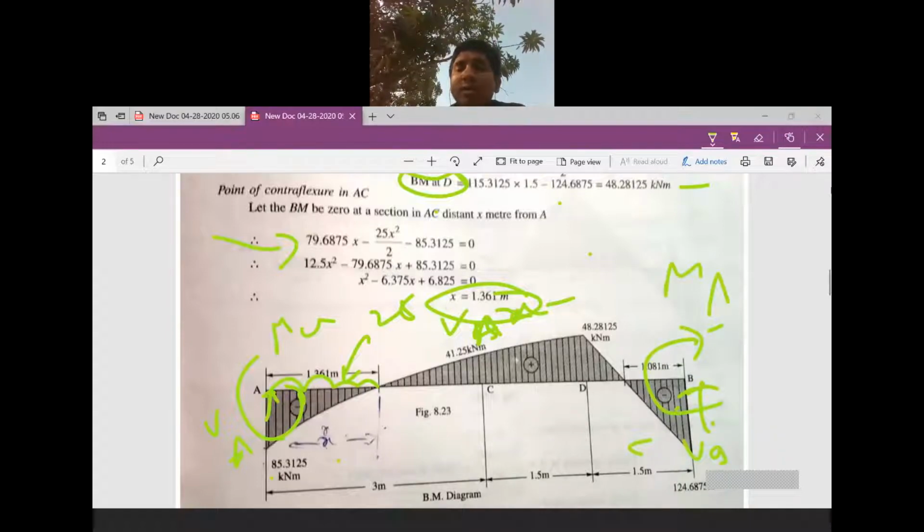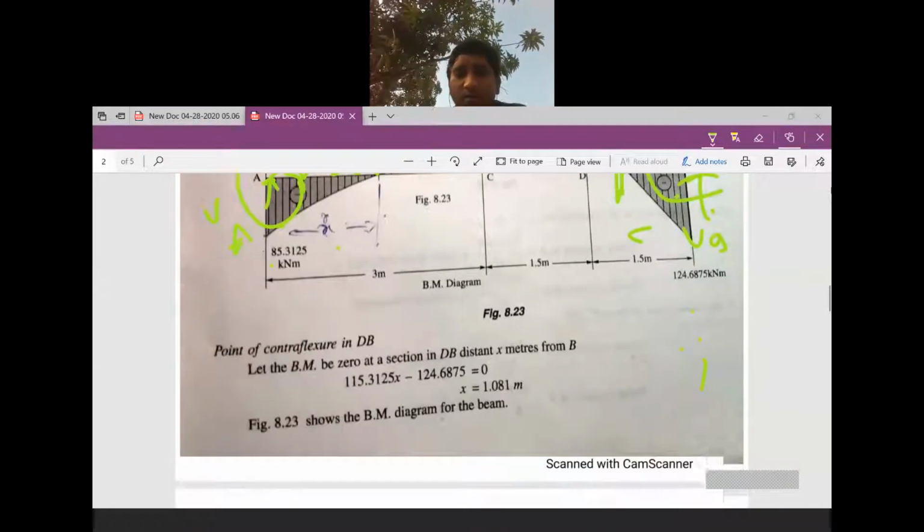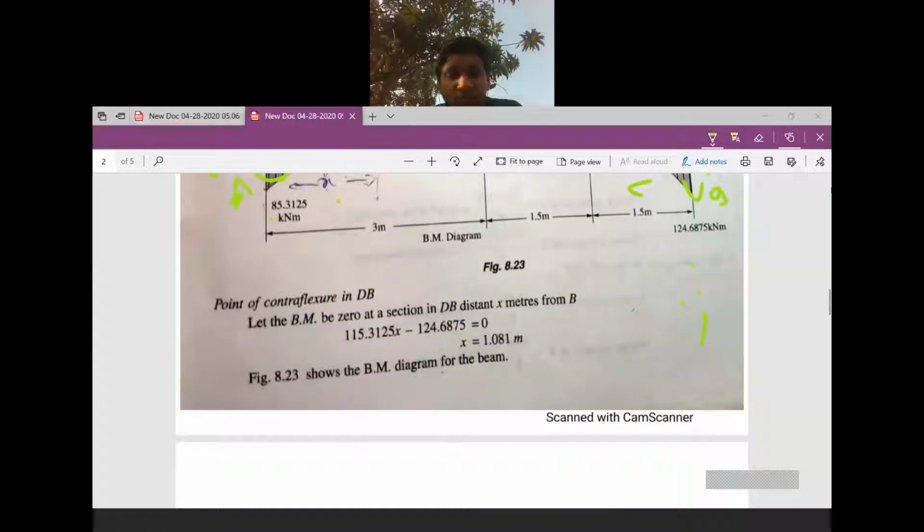When you calculate up to here, you have a point of contraflexure. So the equation will be VB into x minus MB equal to 0. 115.31 is the value of VB, and this is the value of MB. Simplify it, you will get the value of x. Understand?